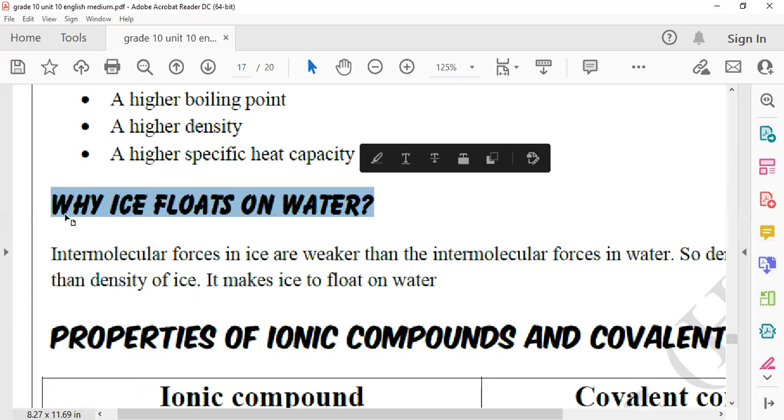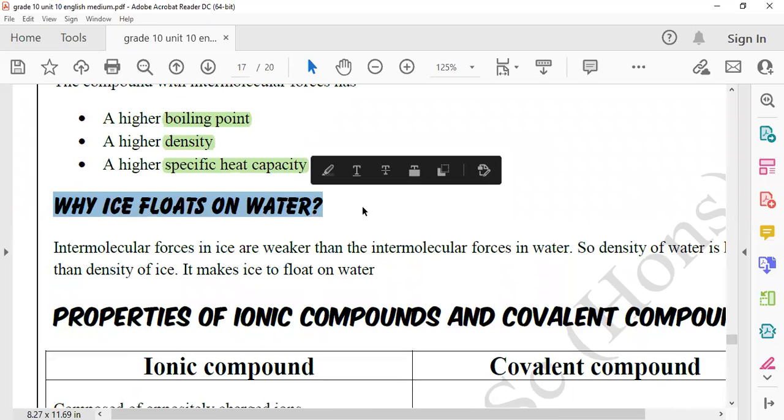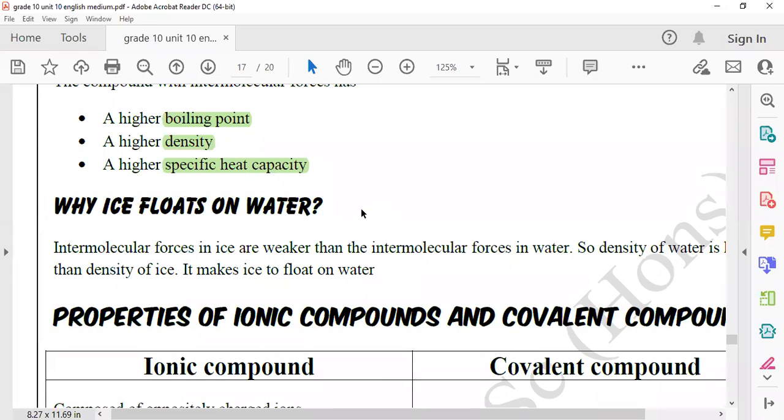Now, there's a point for you. What is the question? I have written this one as a question. Why does ice float on water? The simple answer: if you take the density of ice, it is less than the density of water.